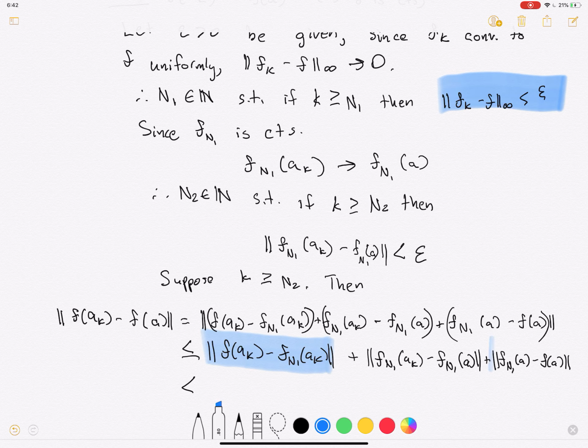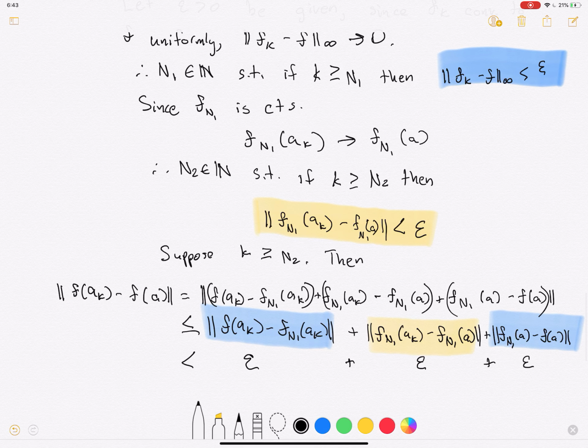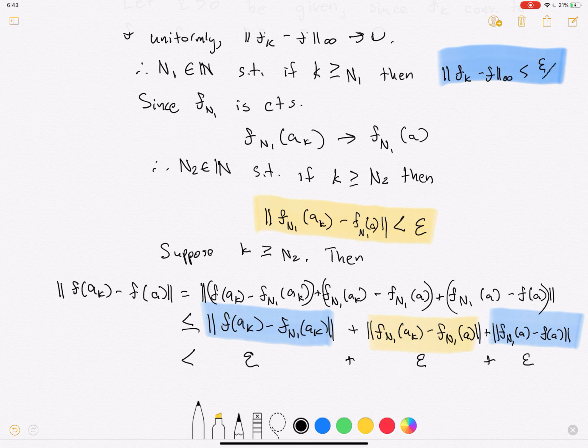So that's less than epsilon plus epsilon plus epsilon. Since we want it to sum to epsilon at the end, we can just change that to epsilon over 3.